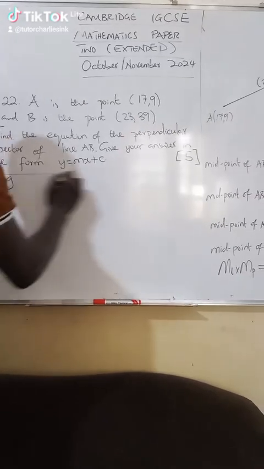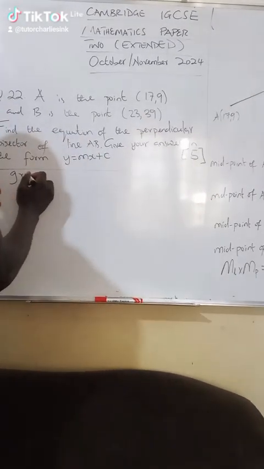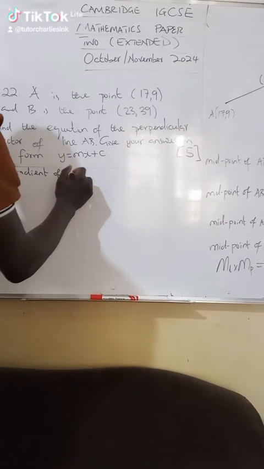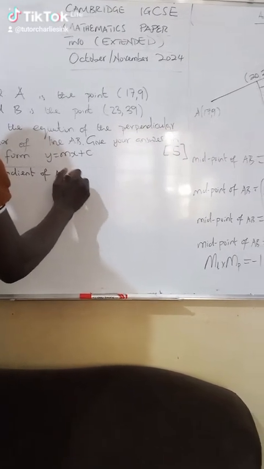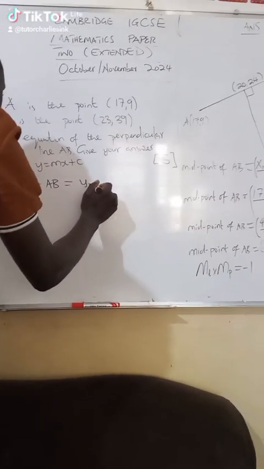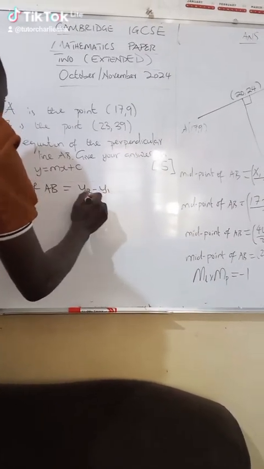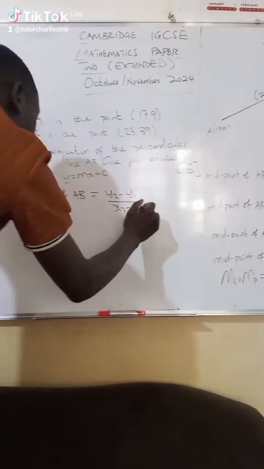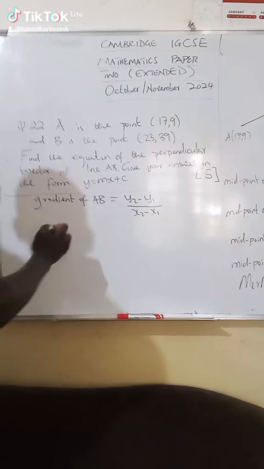The gradient of a line is given by the formula (y2 minus y1) over (x2 minus x1).